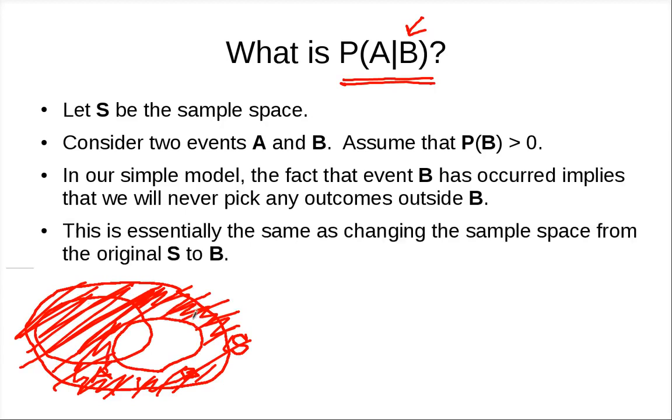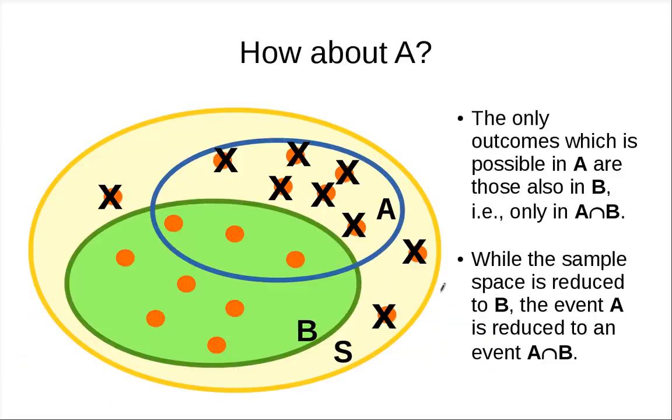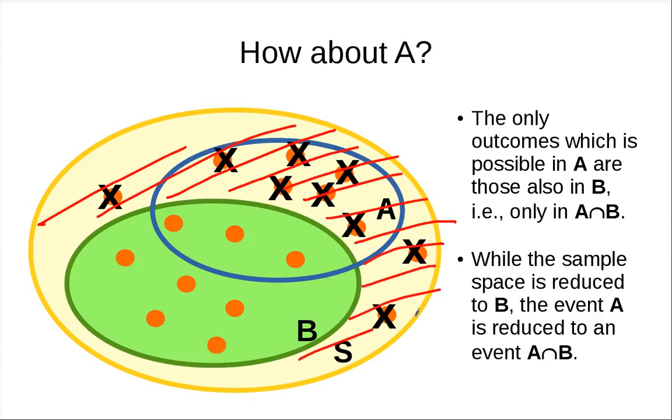So we can just focus on the outcomes inside the set B. It is like we only have a new sample space, which is B. So the picture would look like this. These outcomes can be ignored. They're not possible.